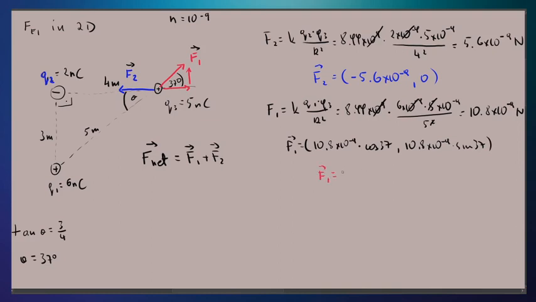all right, so I have to actually calculate this. Let's see what we get. All right, so yeah, this times the cosine of 37, we get 8.6 times 10 to the negative 9th.